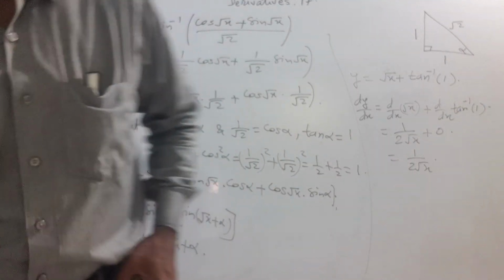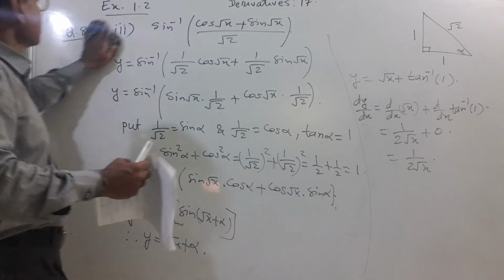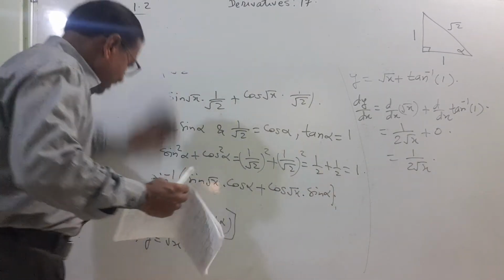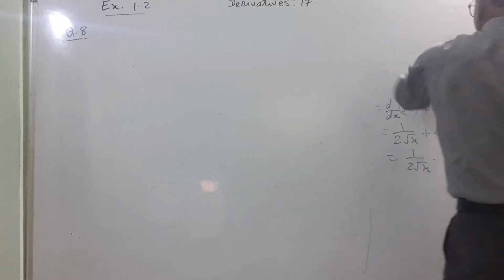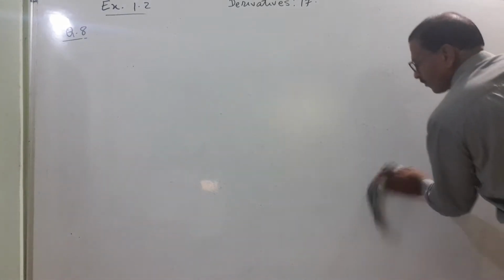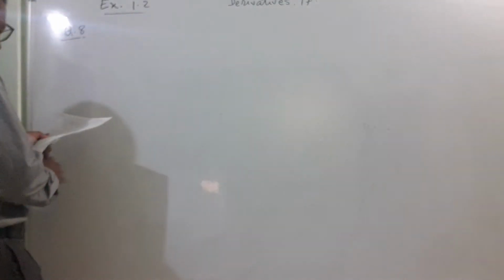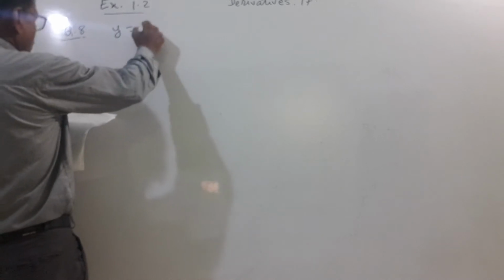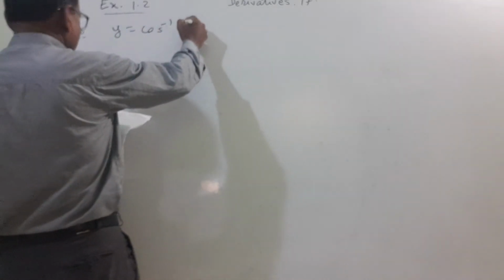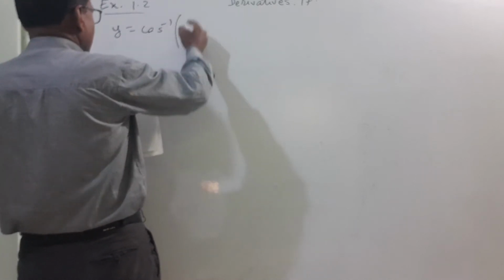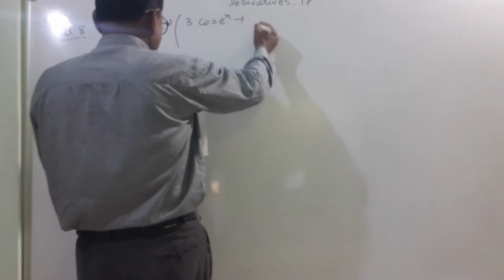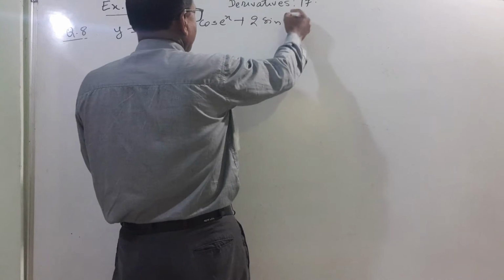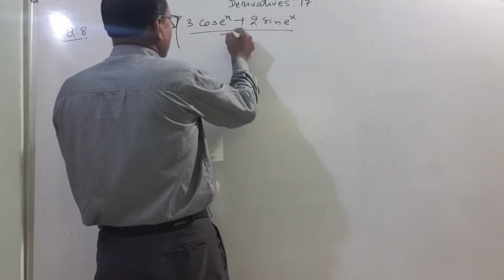Now we will go for the next, that is the fifth sum. Some selective questions I am taking. Directly I will write y is equal to cos inverse of (3 into cos of e raised to x plus 2 into sine of e raised to x) upon root 13.